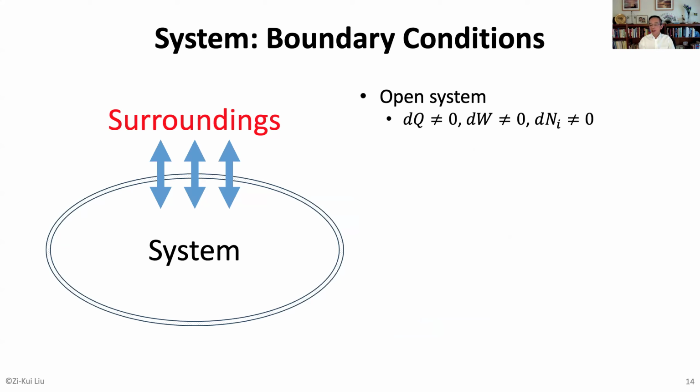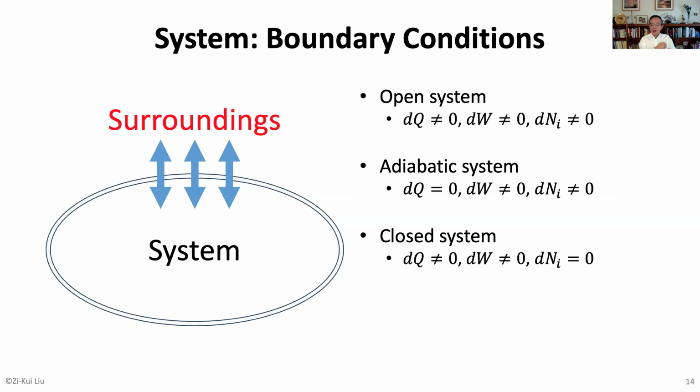So dq, dw, and dni can all be exchanged between the system and its surroundings. However, if we say you cannot do heat exchange, then that's called an adiabatic system. dq equals 0, but you can still exchange work and mass.